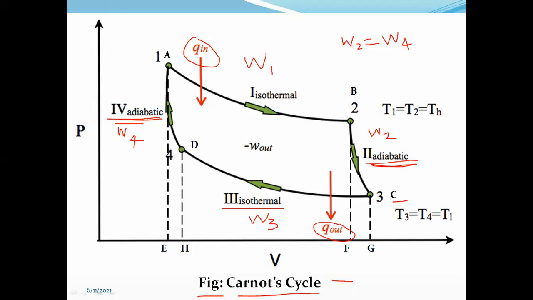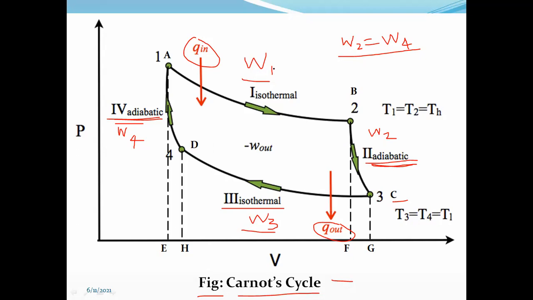So these two courses are opposite to each other. Like Newton's third law, if it is action, it is reaction. That's why we have taken W2 equal to W4, for simplicity and to calculate the efficiency. Now W1 and W3 still remain.